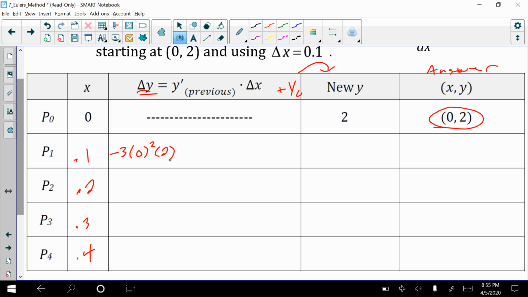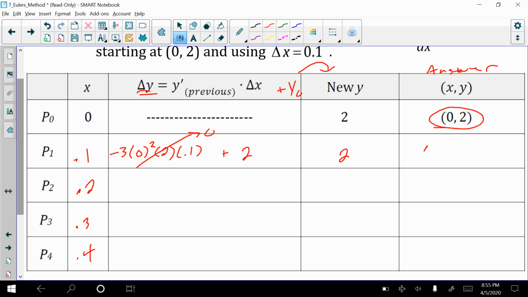And all of that has to get multiplied by delta x, which is 0.1 in this case. And then whatever that is, we would add the previous y number to it, which is a 2. Now the stuff on the left of the plus sign, because we're multiplying by 0, all of this becomes 0. And so we say 0 plus 2, so our new y number is 2.